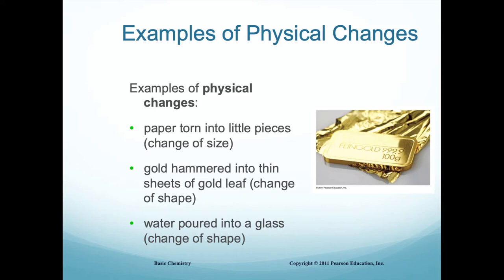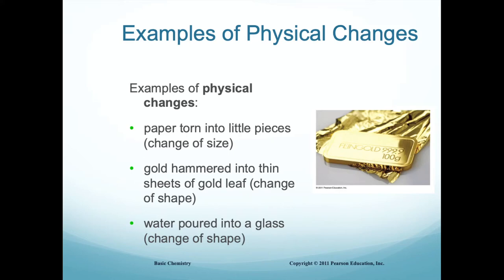There are multiple ways to do that. With metals, metals are very malleable. You can hammer them into shapes really easily or draw them into wires. That means they're ductile. Liquids can change their shape even though they keep the same volume by changing their container. So that's again a good example of a physical change.